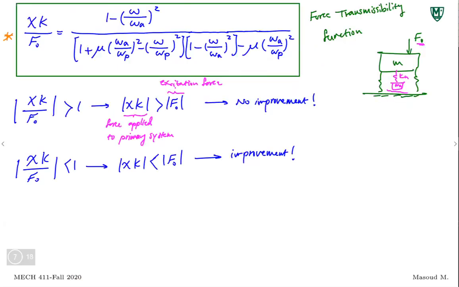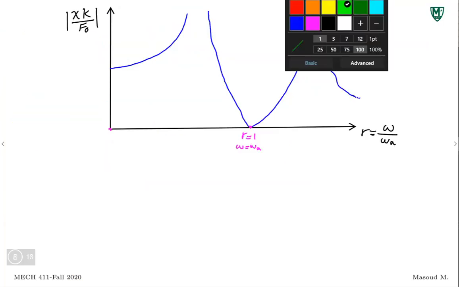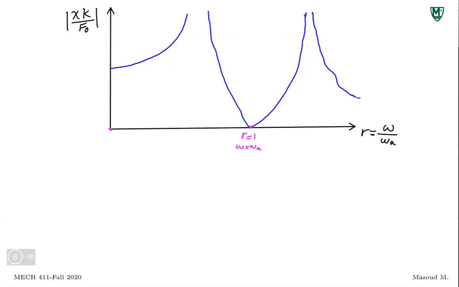I'm going to use what I just figured out here. Xk over F naught greater than 1 means no improvement. Xk over F naught smaller than 1 is improvement. So if I draw the line for xk over F naught equal to 1, let's say this is my 1, that's where xk over F naught is equal to 1.